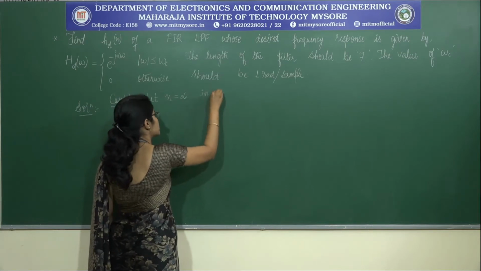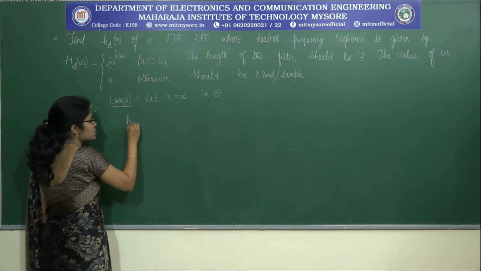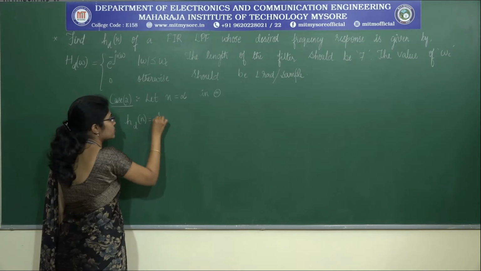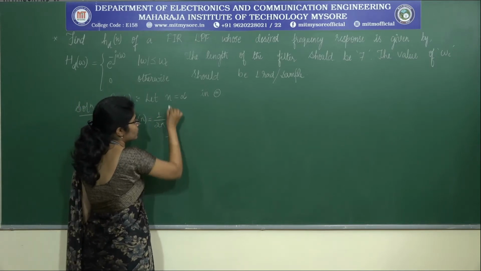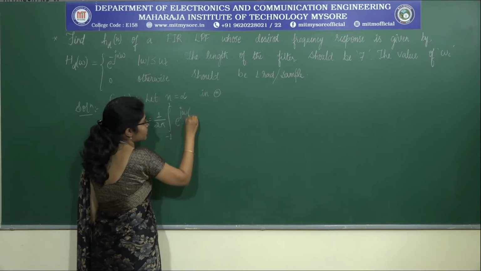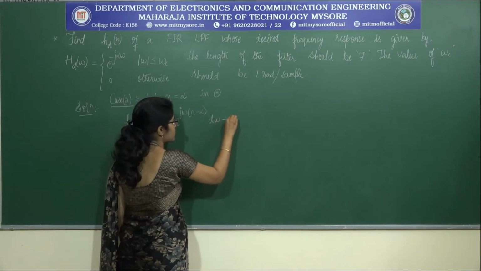In equation star. So, first I will write down the equation star. That was hd of n which is equal to 1 by 2 pi integral from minus 1 to plus 1 e power j omega (n minus alpha) into d omega. So, this was our equation star.